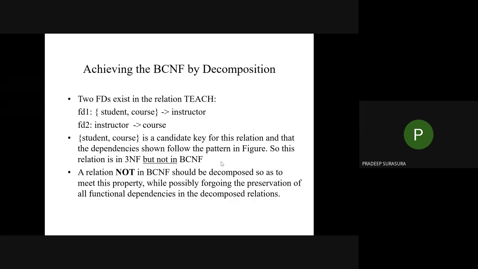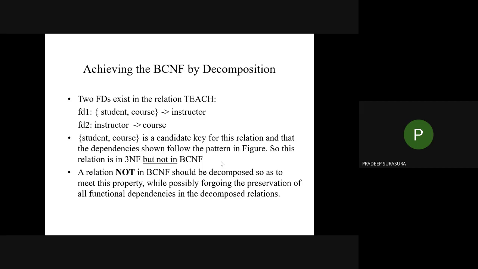Now according to the third normal form definition, you take these two FDs and check. FD1, student and course determine instructor: student course is the primary key, so it works fine. Student and course are the key, instructor is a non-prime attribute, so 3NF is satisfied. But when you observe instructor determines course, instructor is a non-prime attribute, course is a prime attribute, so this again satisfies third normal form.